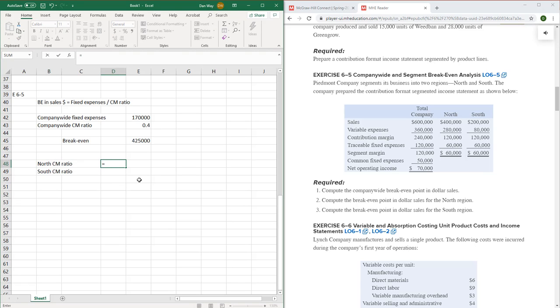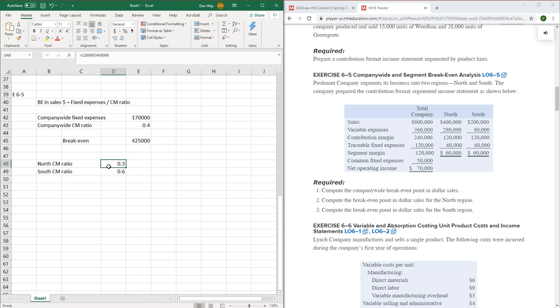The North CM ratio would be its contribution margin, 120,000, divided by its sales, 400,000, 0.3 or 30%. The South has CM of 120,000, same as the North, but that's on sales of just 200,000. So it has a CM ratio of 0.6 or 60%.